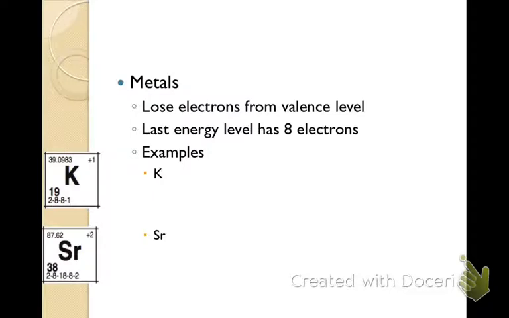So metals will lose electrons from their valence shell, and their last energy level will therefore then have 8 electrons, unless it's going to be mimicking helium, which only has 2 electrons in its outer energy level. So for example, potassium, we have 2-8-8-1, and what will end up happening is that its ion will look like 2-8-8 because that last electron will be lost or given away.